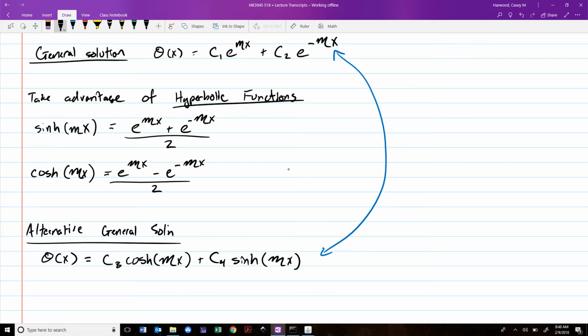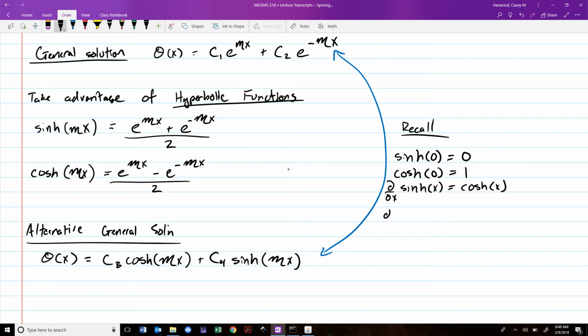So I want you to recall that sinh of 0 is equal to 0, cosh 0 is equal to 1, the derivative with respect to x of sinh x is equal to cosh x, and the derivative of cosh x is equal to sinh x.